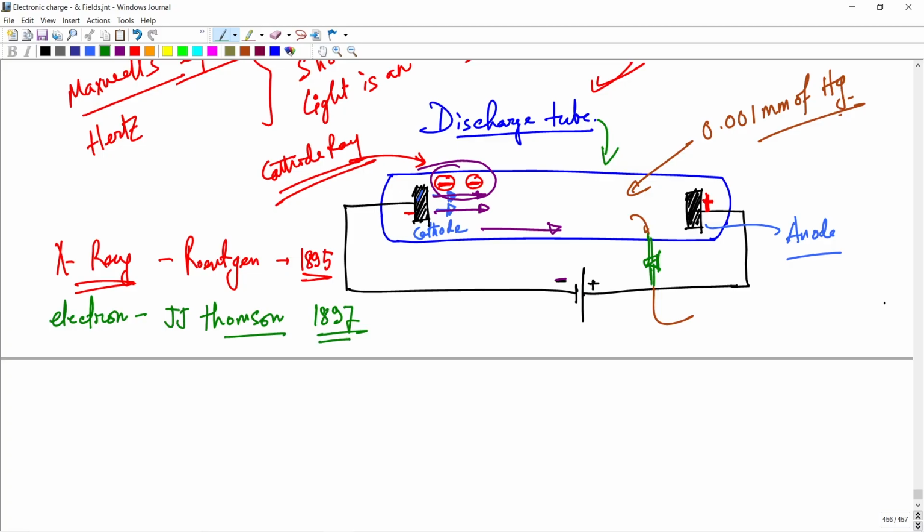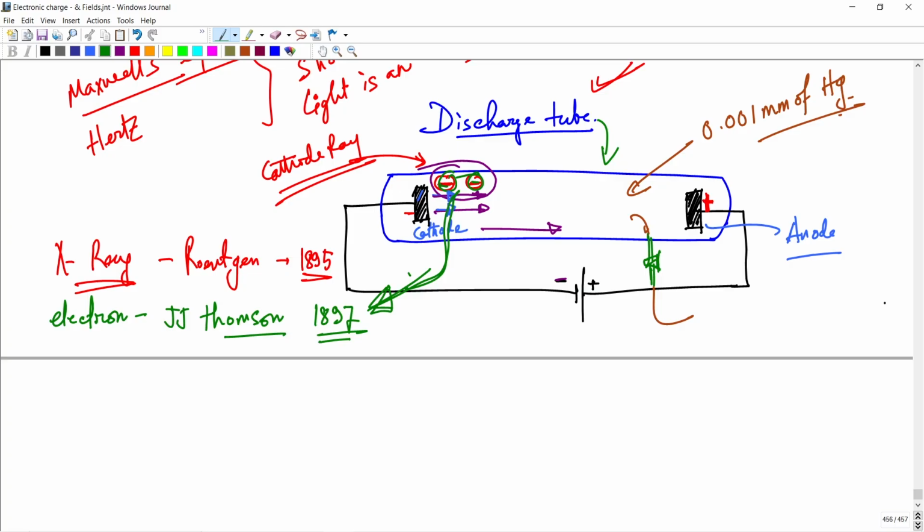J. Thomson described that the cathode rays are a stream of negatively charged particles, and that negatively charged particle is called the electron.